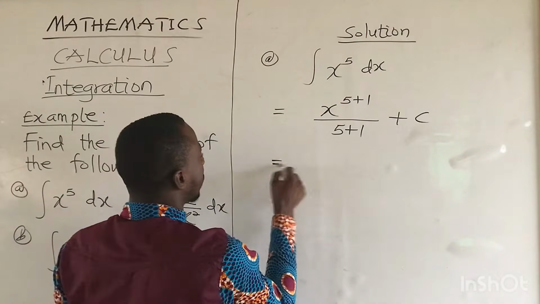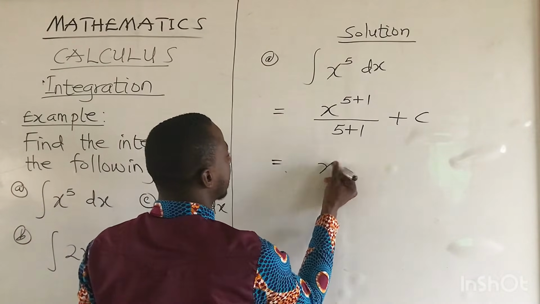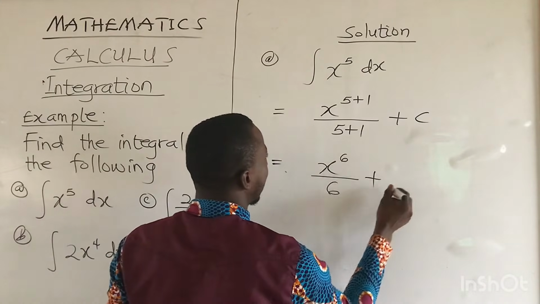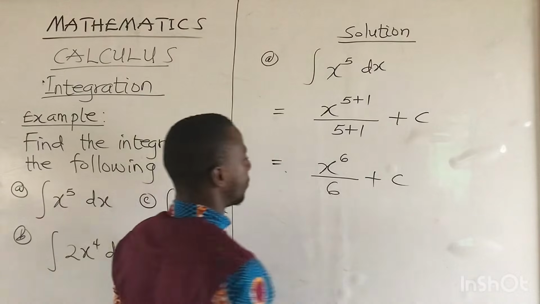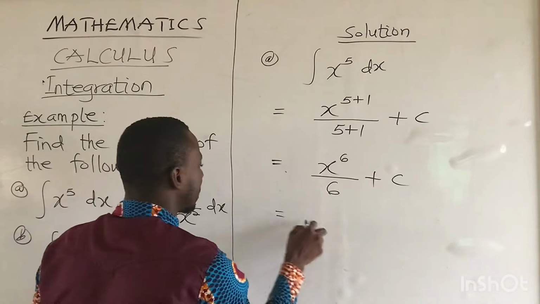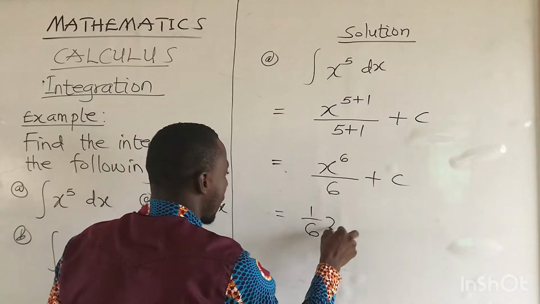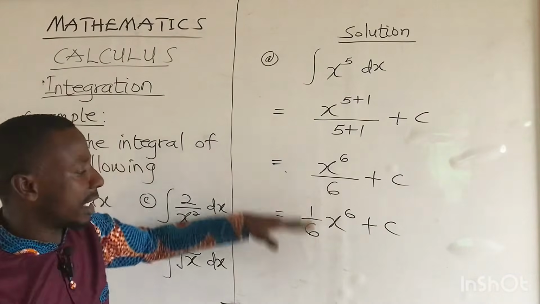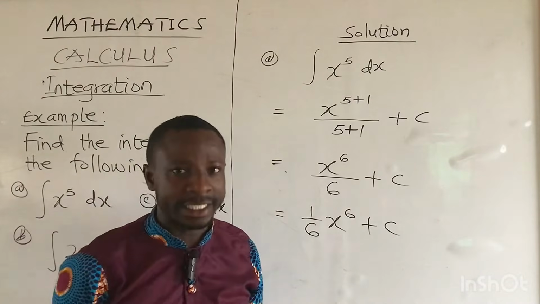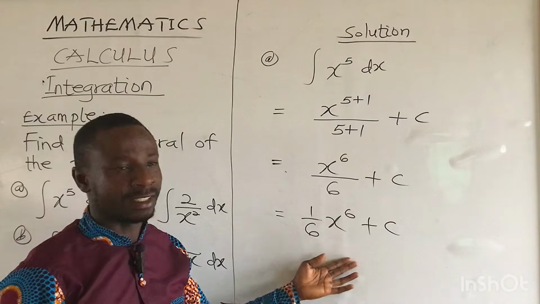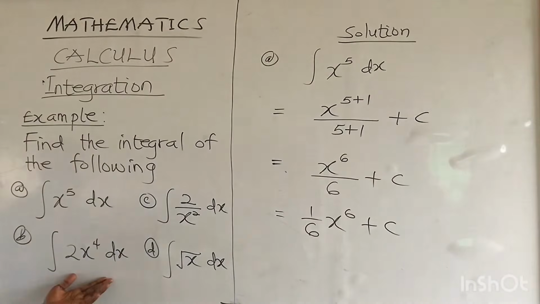All right, so the final answer is going to be x exponent 6 all over 6 plus c. And this can be rewritten as 1 over 6 x power 6 plus c. This and this, they are all the same, so you can leave your answer this way. All right, let's look at the second part.